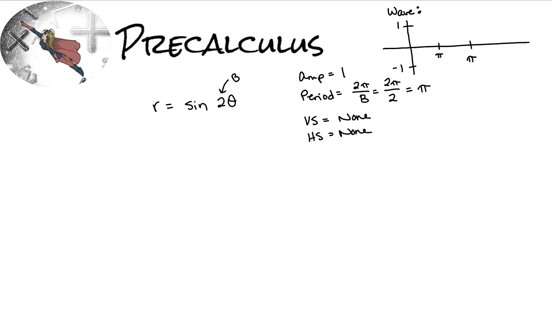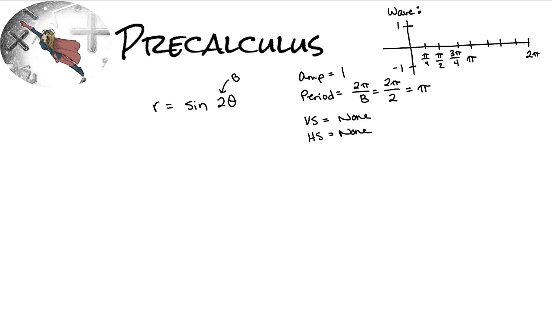So that would make this pi over 2, and then half of that would be pi over 4, and this would be 3 pi over 4. Now the thing is, we still have to show the wave all the way until 2 pi for the polar graph to be complete. So that would just mean we're going to have one more cycle on this picture.